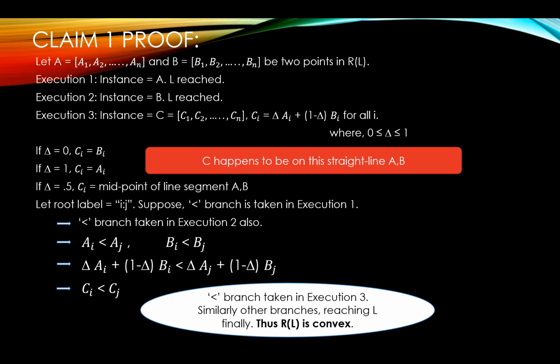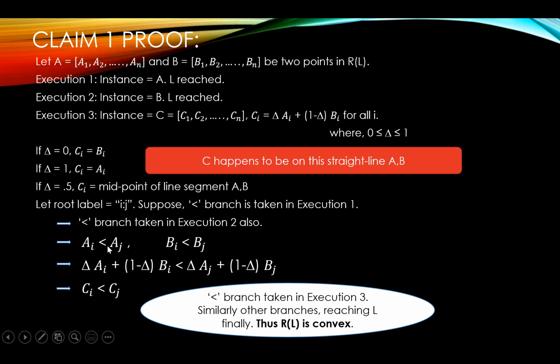Now we'll prove it. Remember that in our decision tree, the root level always has a comparison of column i and column j. Suppose that the less than branch is taken in execution 1, which means the less than branch will be taken in execution 2 also. We know that Ai is less than Aj, and Bi is less than Bj.